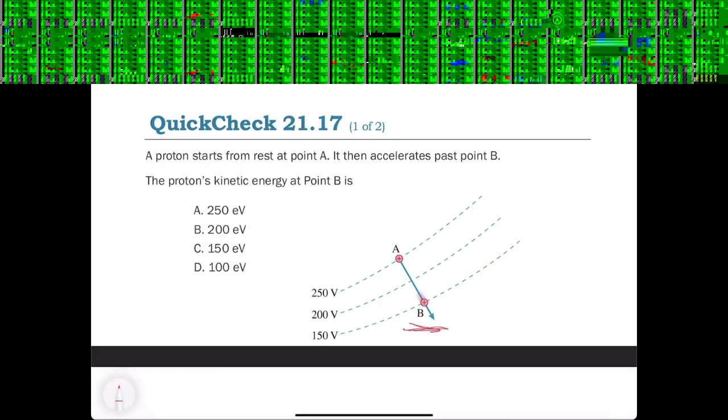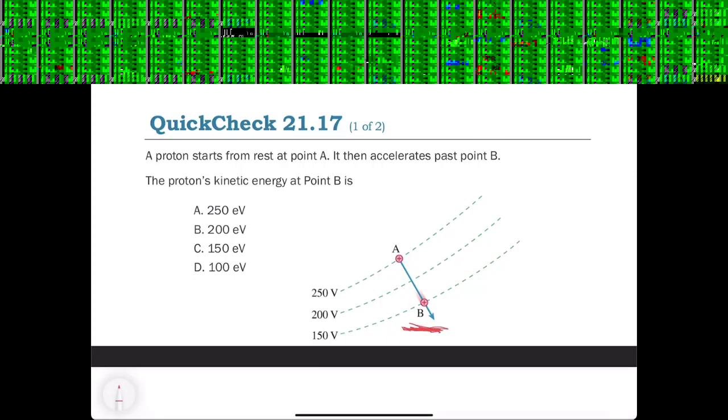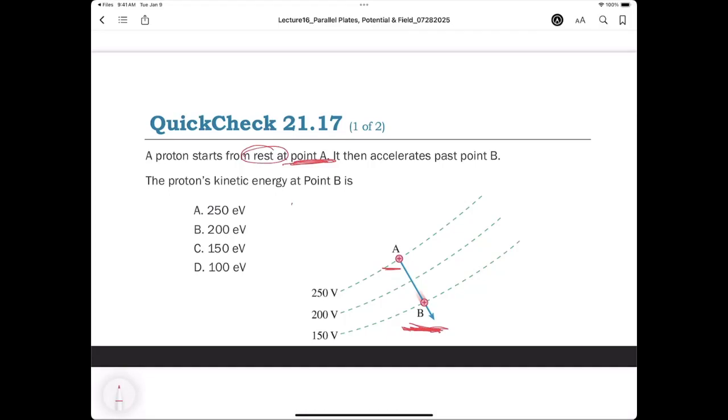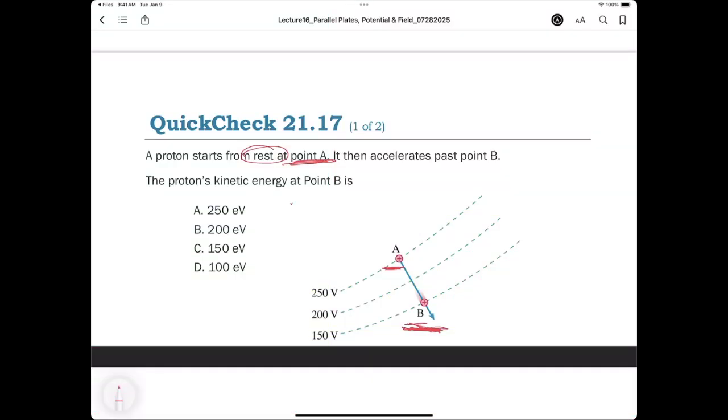Do you know what this is? Because the question tells us a proton starts from rest at point A, which means at point A it only has electric potential energy, and there is no kinetic energy because it is at rest.